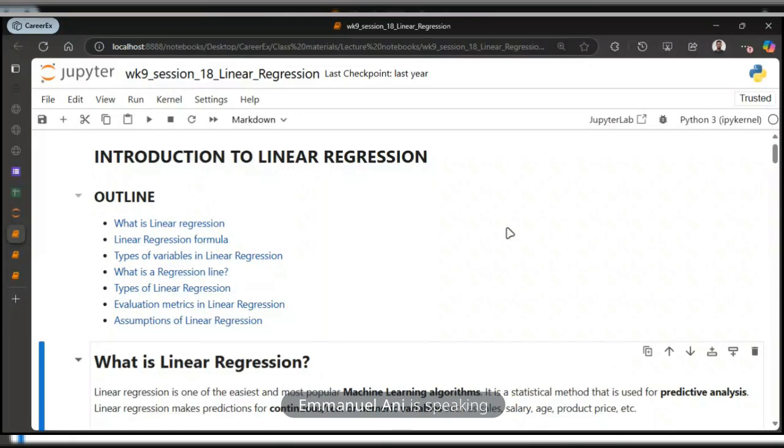So once we've done those two, we'll move on to how to implement this ML and how to build our models using sklearn. So by next Saturday, we're going to look at the logistic regression, and then on Sunday, we're going to look at how to implement linear regression and logistic regression fully in sklearn.